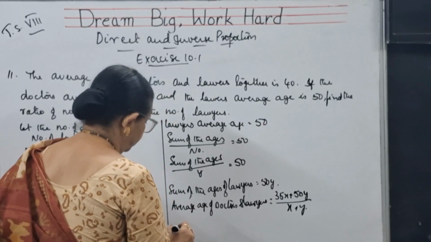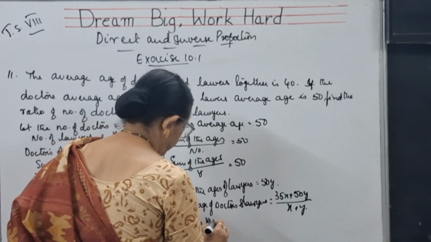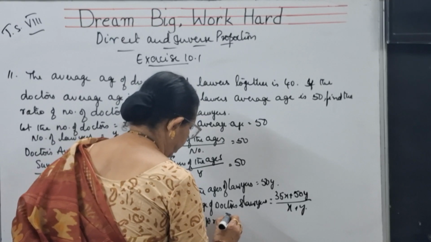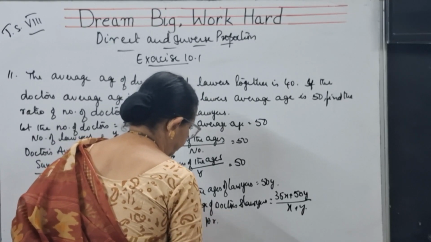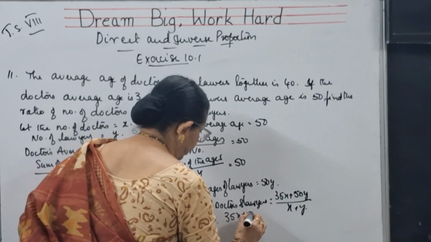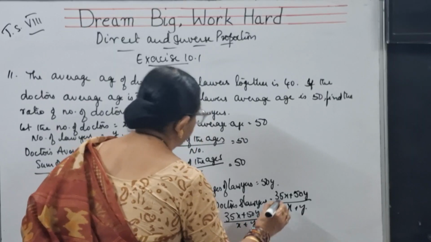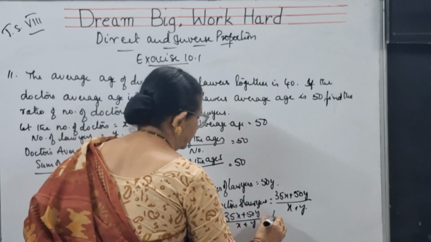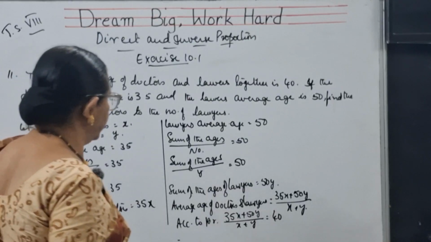So according to the problem, 35x plus 50y by x plus y is equal to how much they have given? 40. So their average is 40.